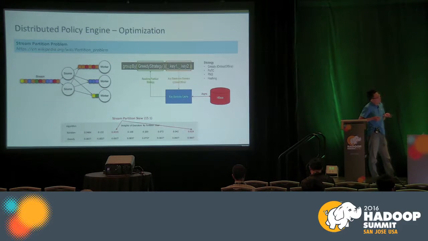Then these weights are recorded and fed back to the grouping. After this optimization, we have a very even calculation in our internal system. Okay, this is the work on security.